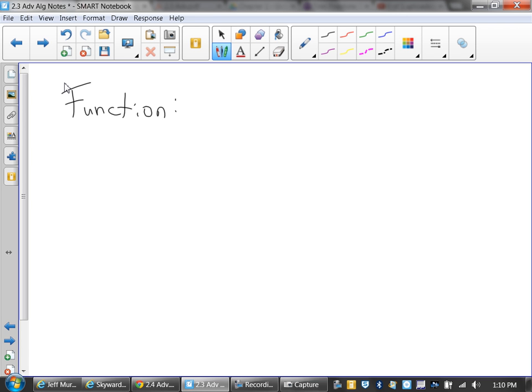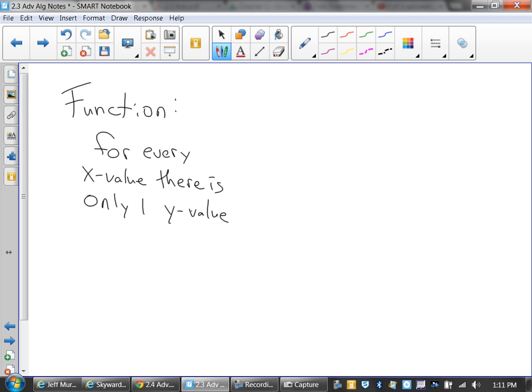When you're dealing with a function, that means that in an equation, for every x value, there is only one y value. So for every x value that goes in as input, you get one y value as output.